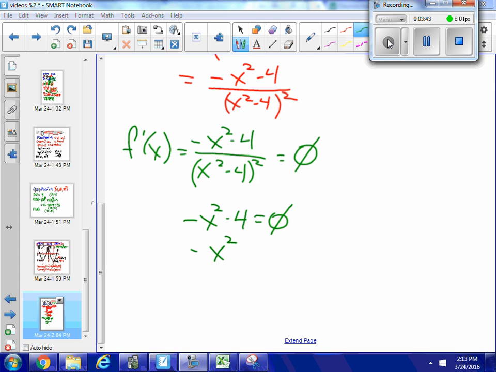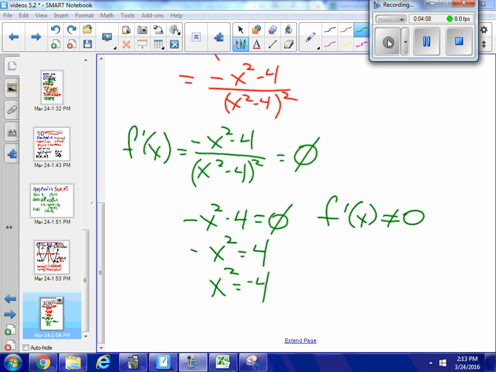Negative x squared equals 4. x squared equals negative 4. Now, there is no x where I could have it squared and have it equal to negative 4. So f prime of x never equals 0. Okay. So I don't have any stationary points.